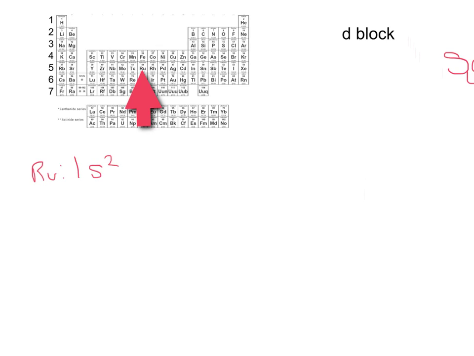All right. 1s2, and then 2s2, 2p6, 3s2, 3p6, 4s2. So now I'm right here, and I'm just about to do the first transition into d block. And I have to go all the way through this section of d block so that I can get back to p.